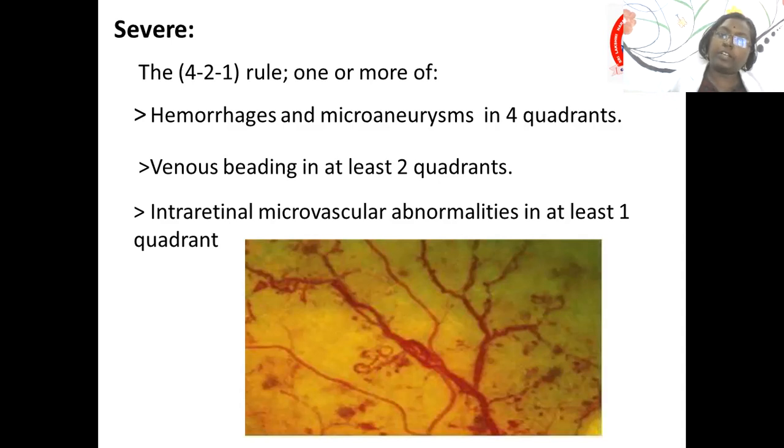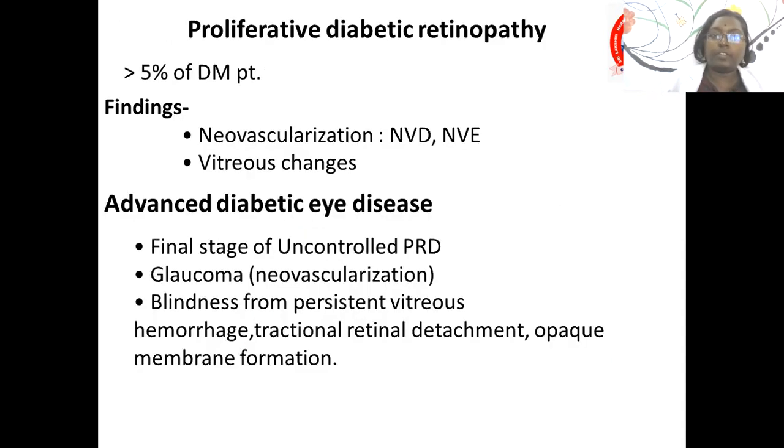So this is the criteria for severe NPDR. Again to emphasize, hemorrhages and microaneurysms are seen in 4 quadrants, venous beading in at least 2 quadrants, and IRMA in at least 1 quadrant.